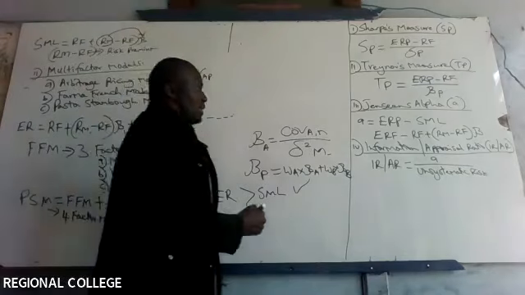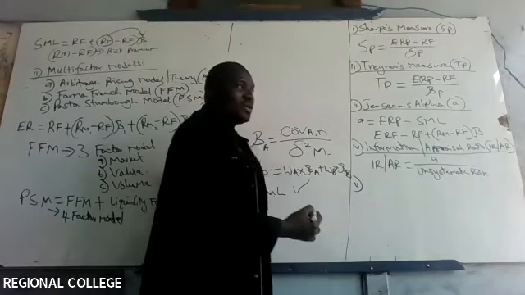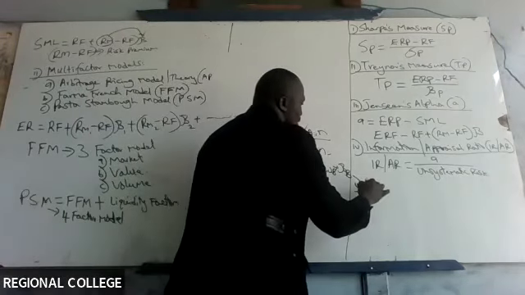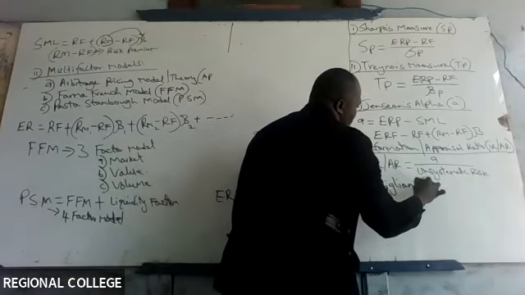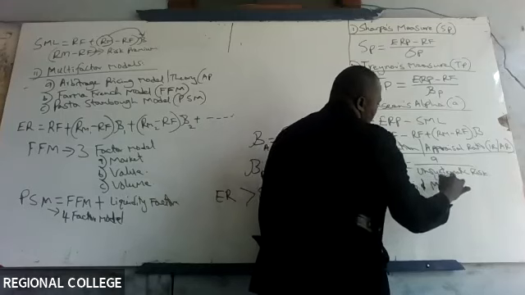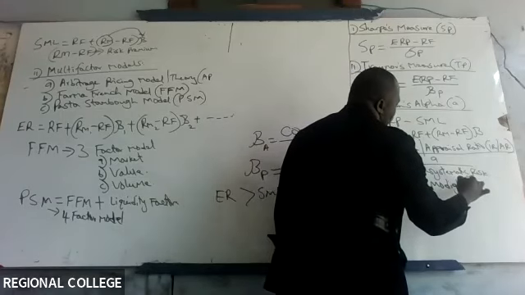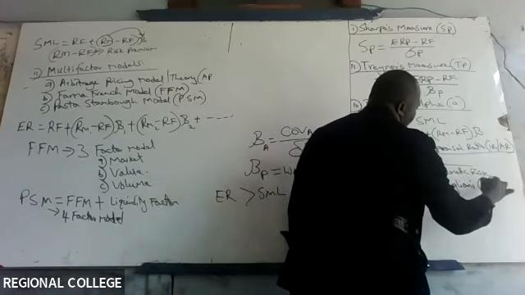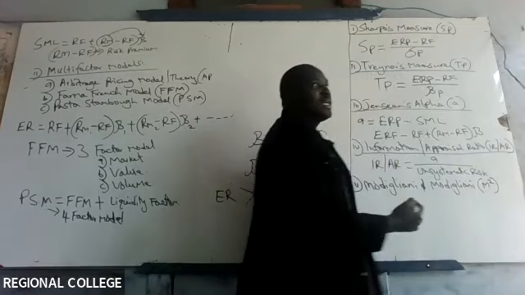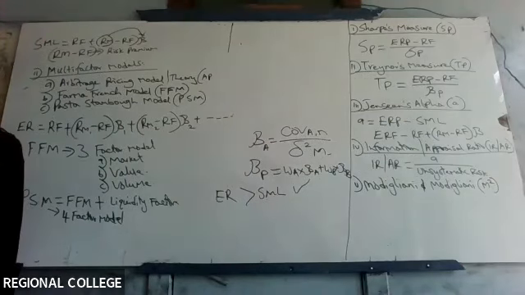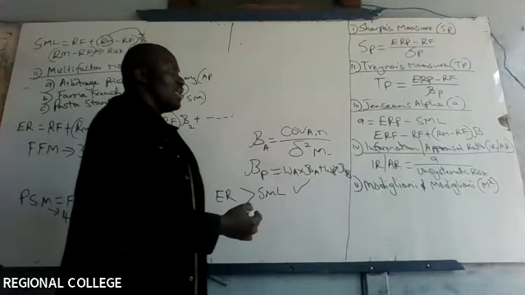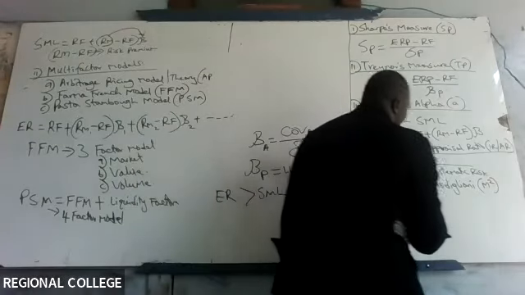Finally, number 5. We have Modigliani and Modigliani, this difficult name, the M squared. Father and son. Modigliani and Modigliani measure.